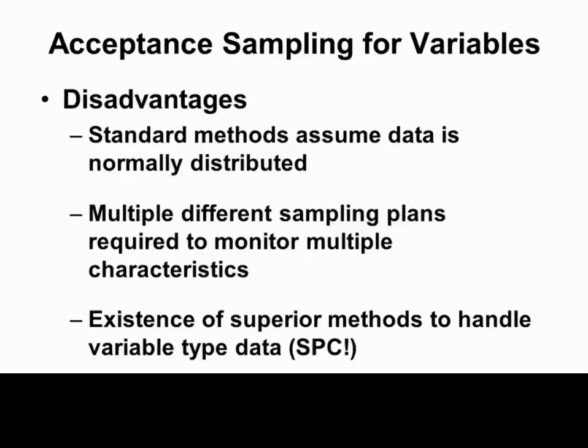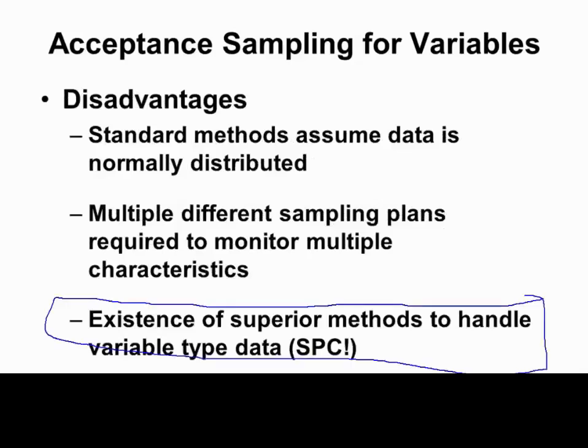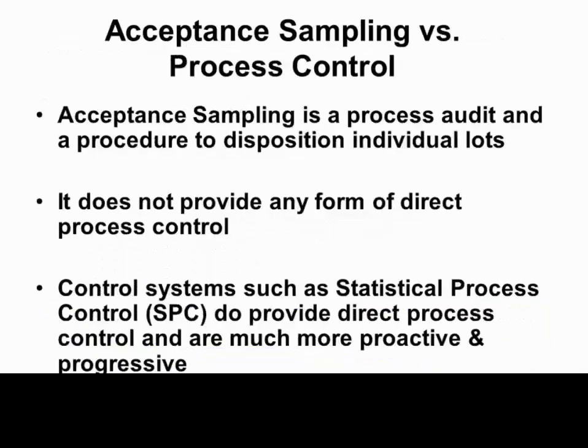Bottom line, and I'll end with this, is that if you've already got variable data, perhaps we should just be doing some statistical process control, especially on the inputs to the process, and try to get out of the inspection acceptance sampling game. So just to finish this, acceptance sampling, as I said at the beginning, is more like an audit tool.